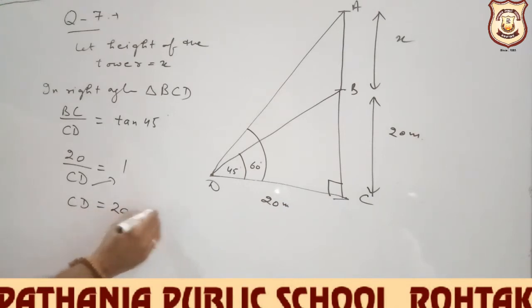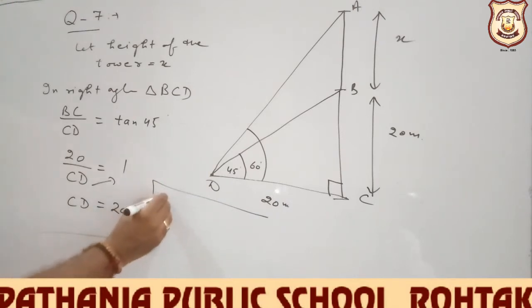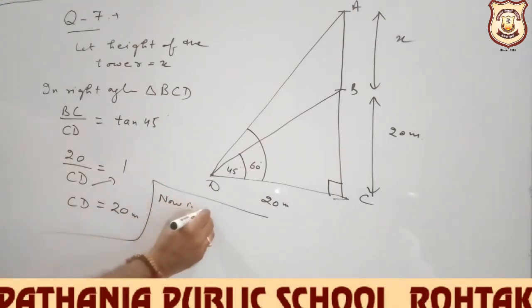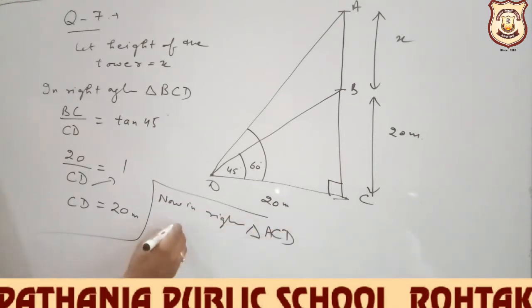So this one becomes 20 meter. Then after this, now in right angle triangle ACD, AC upon CD equal to tan theta, tan 60 degree.